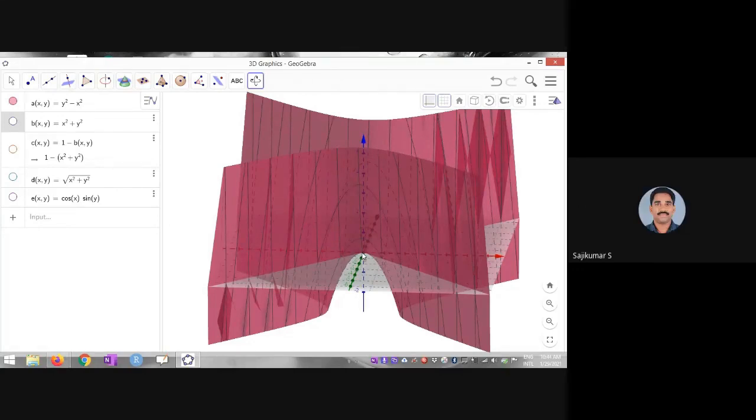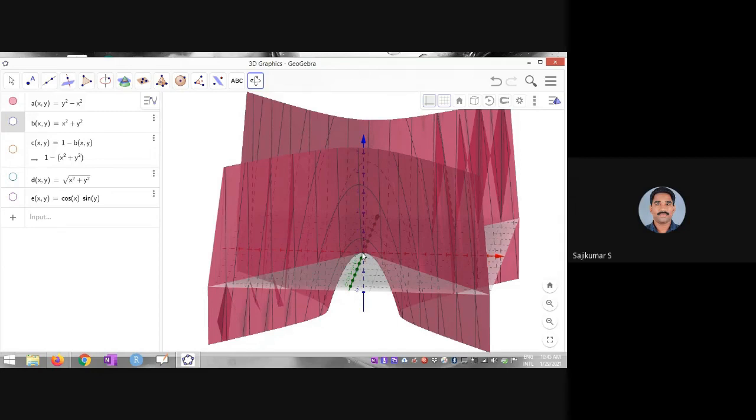If you are viewing that surface in two directions, in one direction it is acting like a local minima, and in another direction, at the same point, it is acting like a local maxima. Such points are called saddle points.